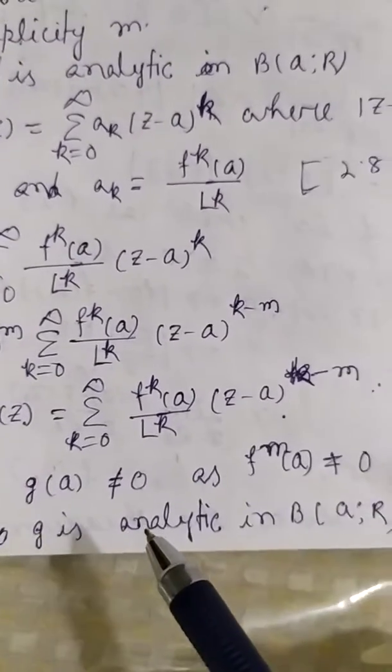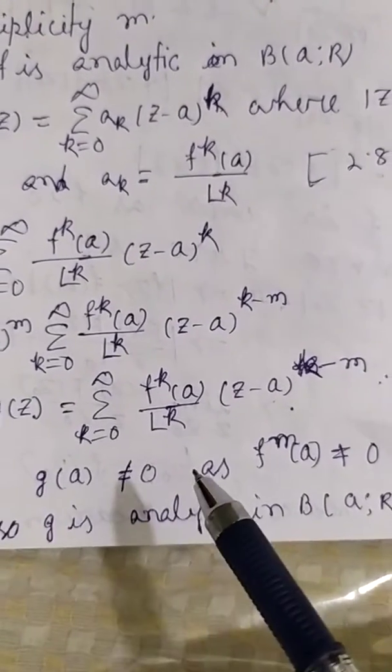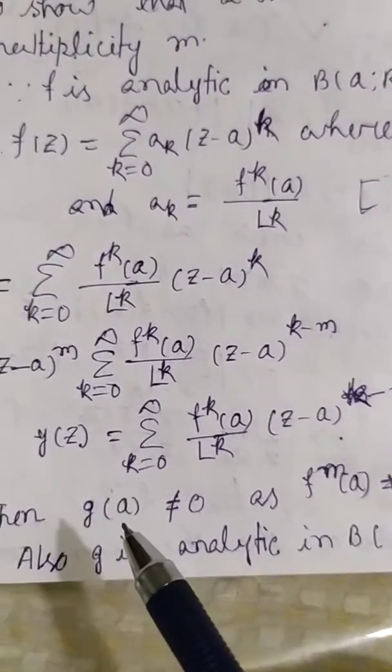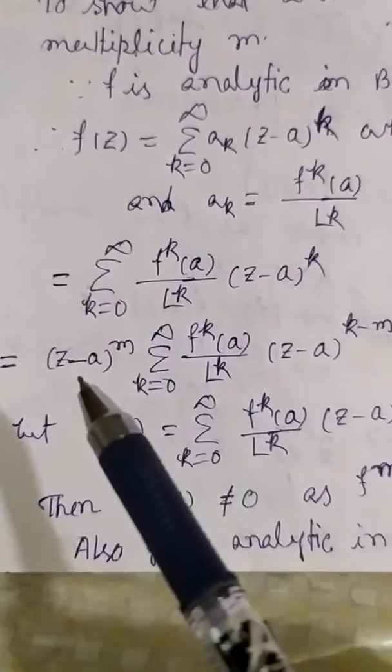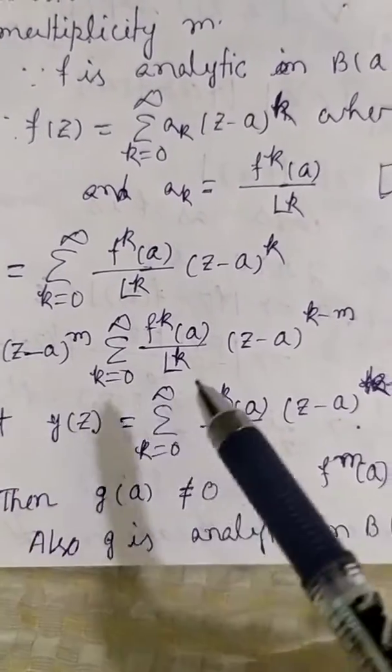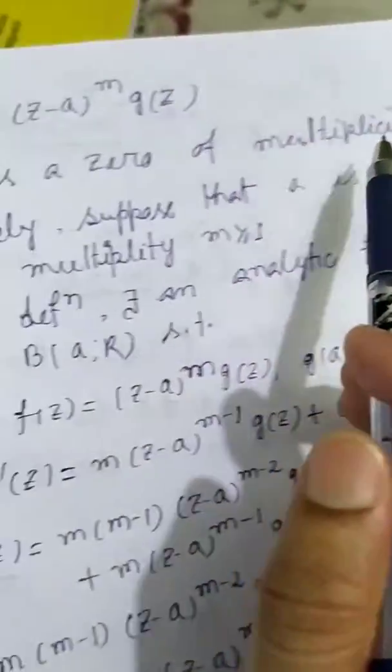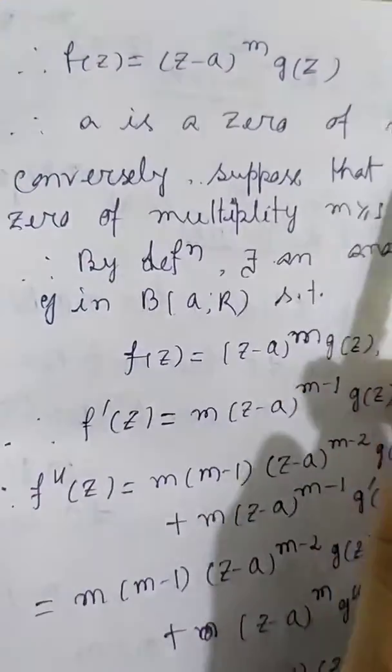So you observe g(a) is not equal to 0 and g is an analytic function such that f(z) is nothing but (z minus a) to the power m into g(z). Therefore a is a zero of multiplicity m. This is from the definition.